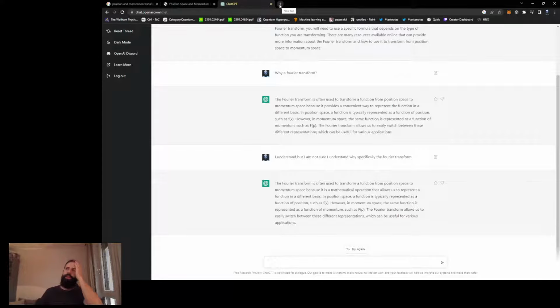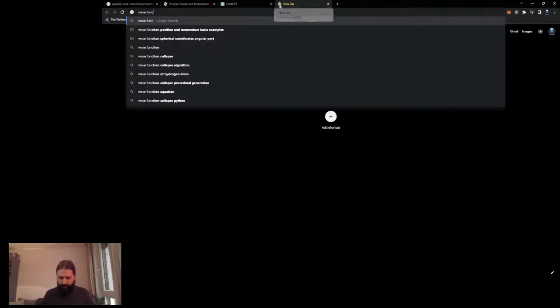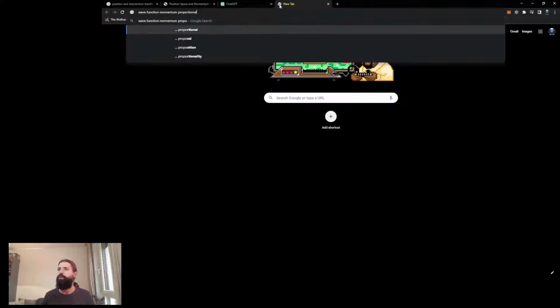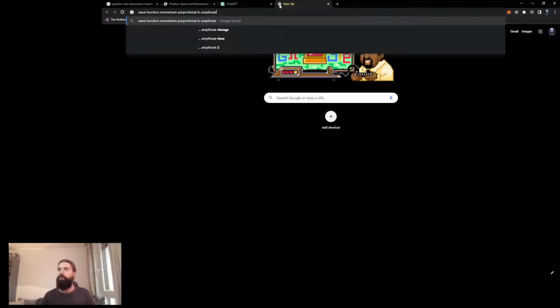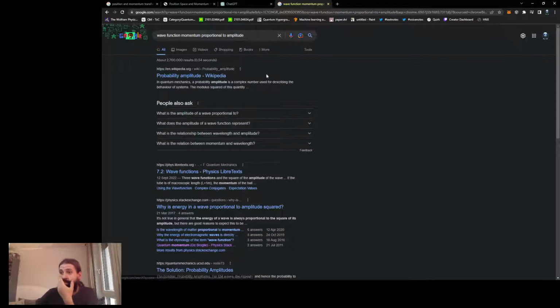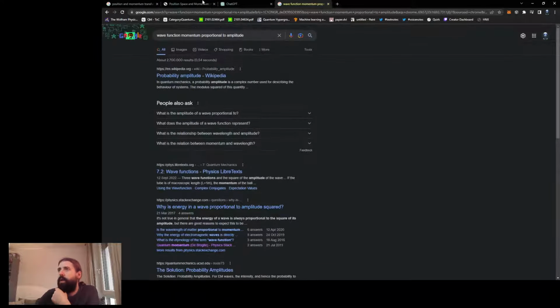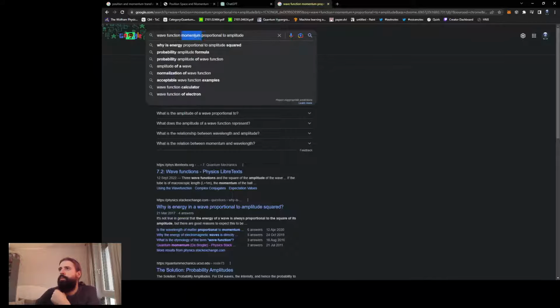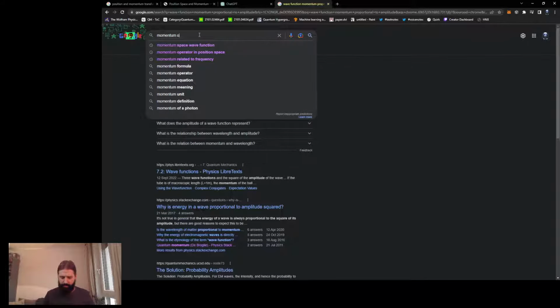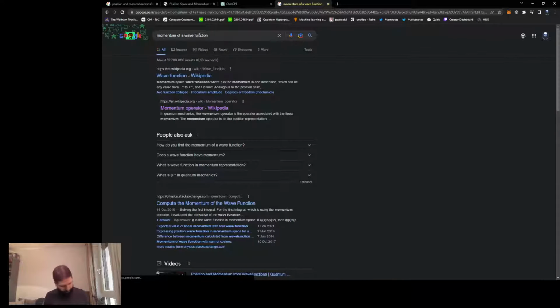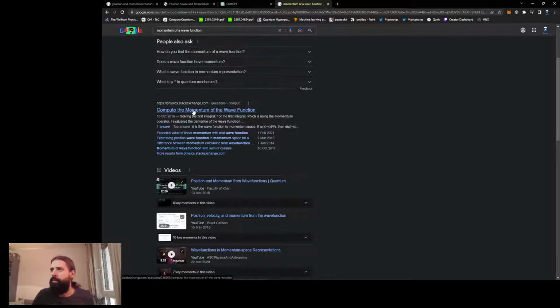I think it was the wave function, momentum proportional to amplitude. I think it was the energy. So momentum of a wave function. Not the momentum operator, the momentum of a wave function.